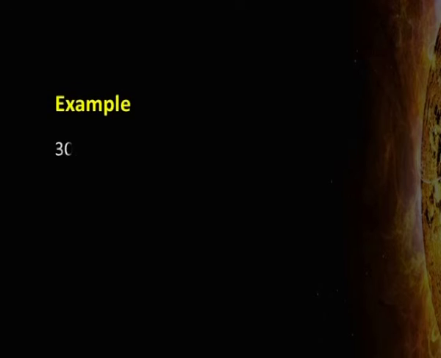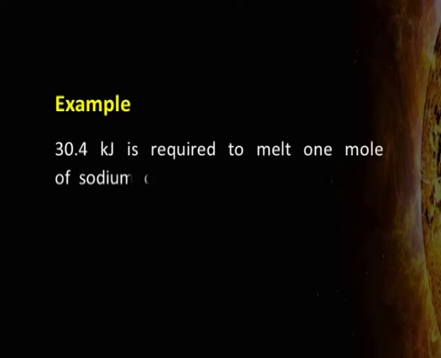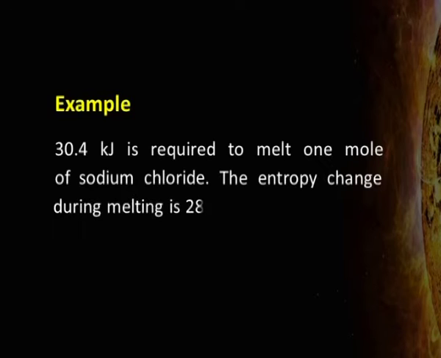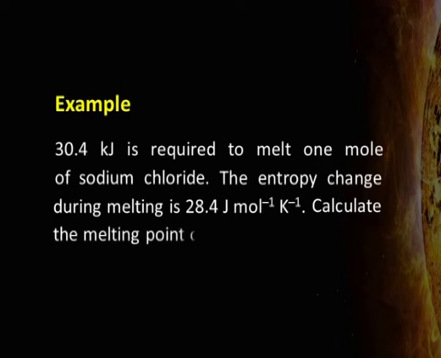Here is another example in which entropy change of fusion will be used to calculate the temperature at which melting will take place. 30.4 kilojoules is required to melt 1 mole of sodium chloride. The entropy change during melting is 28.4 joules per mole per Kelvin. Calculate the melting point of sodium chloride.